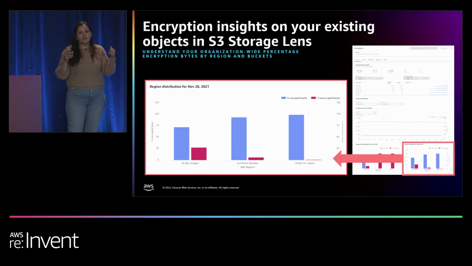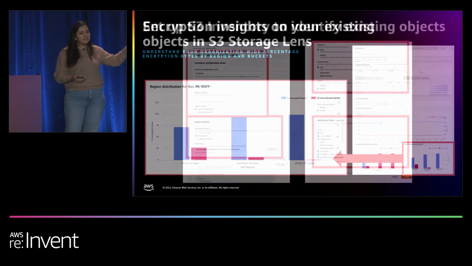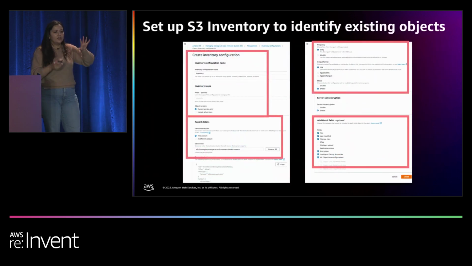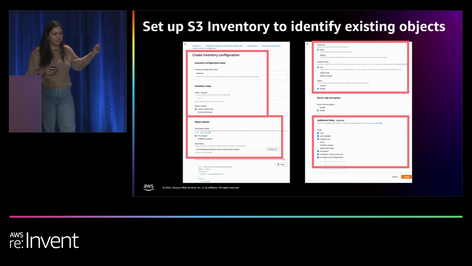So probably you want to focus on that region's buckets to encrypt your data first. Once we've identified the region and the buckets that we want to focus on, we can learn how to use a combination of Inventory, Athena, and Batch Operations capabilities to create encrypted copies of your existing data.